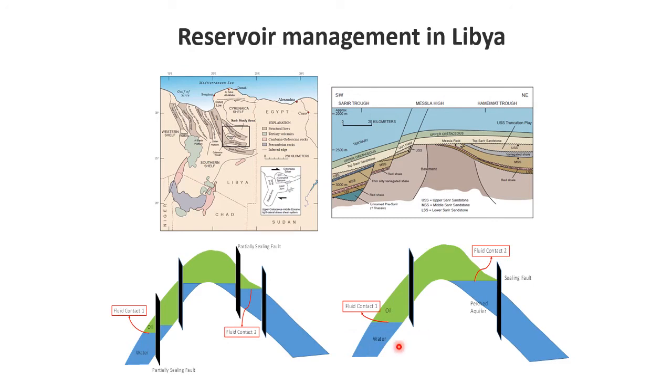And here, for example, you have another situation with a fault that is possibly not sealing, and here a fault that is partially sealing, which creates what is called a perched aquifer. And so in production planning, you don't want to be drilling producers in the water. Obviously, the production planning is going to be highly affected by understanding the system, which is uncertain.